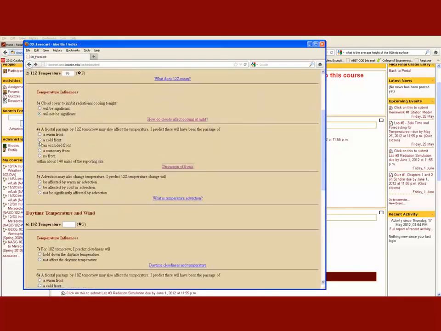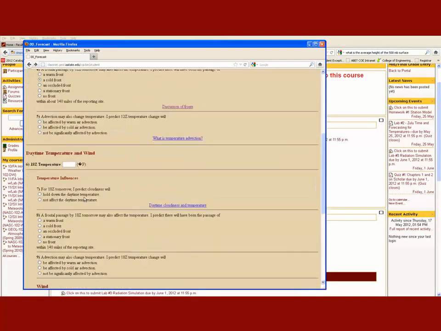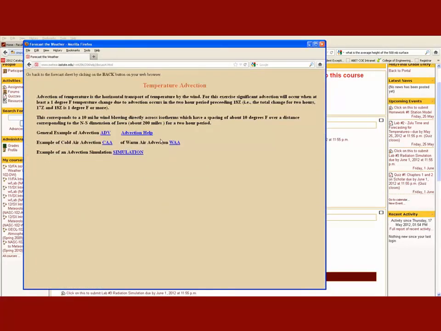If you thought a cold front would move through, you would click on it. And then we forecast for something called advection. You have no idea what advection is at this point. We haven't gotten to it. But if you click on this link here, it provides you with examples of what advection is.